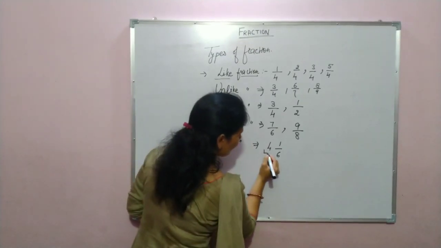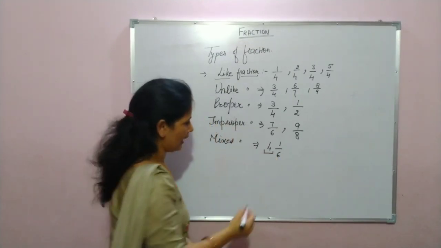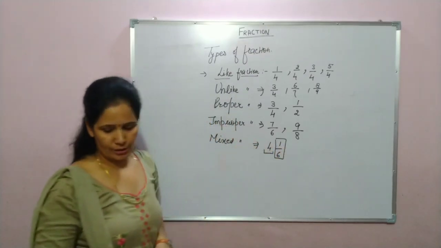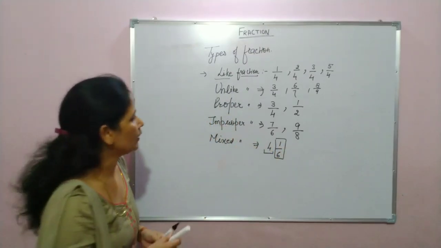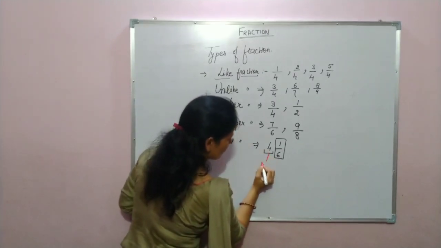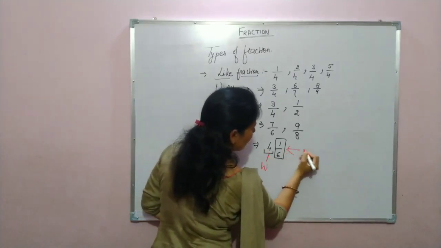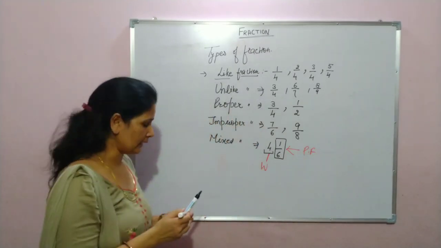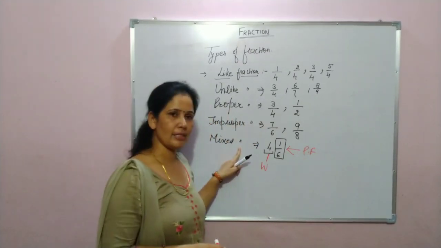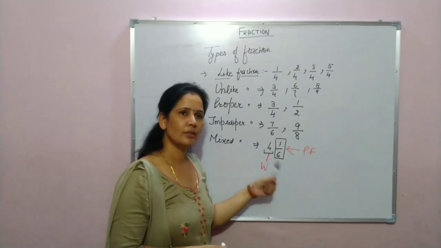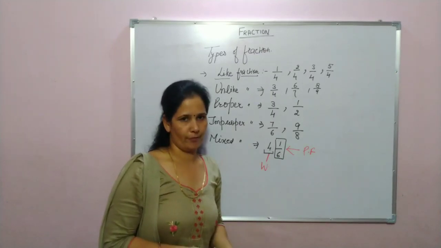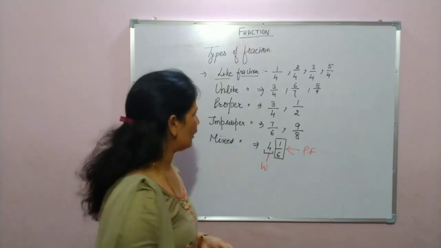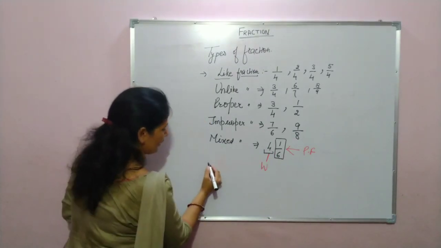This 4 is a whole number and 1 by 6 is a proper fraction. So students, we can say that a mixed fraction means the combination of a whole number and a proper fraction. So what do we call this? Mixed fraction.